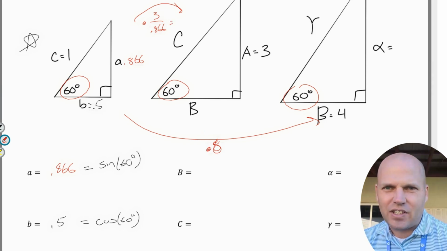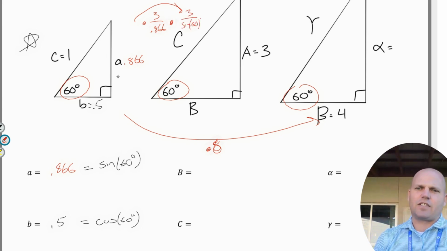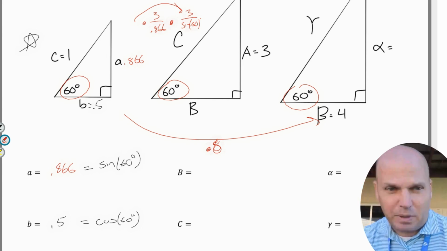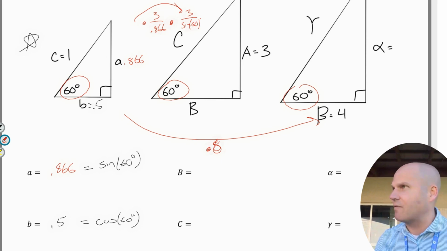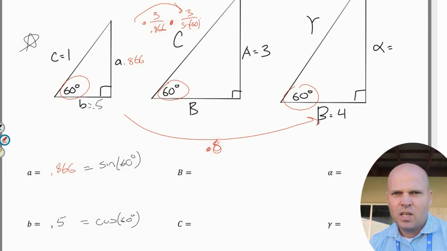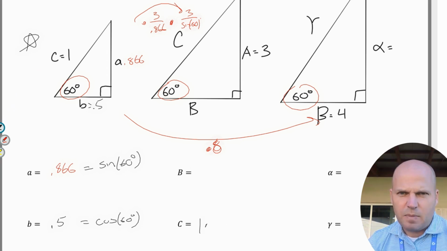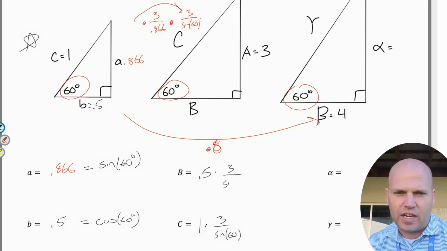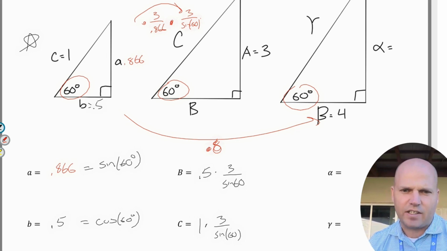So the scale factor for the middle one is a little bit trickier. It's 3 over the sine of 60 degrees. And the scale factor for the bottom, the biggest one, is easy because it's a half, 4 divided by a half, which is 8. So C, which is 1, needs to be multiplied by 3 over the sine of 60. B would be a half multiplied by 3 over the sine of 60, which is the scale factor.